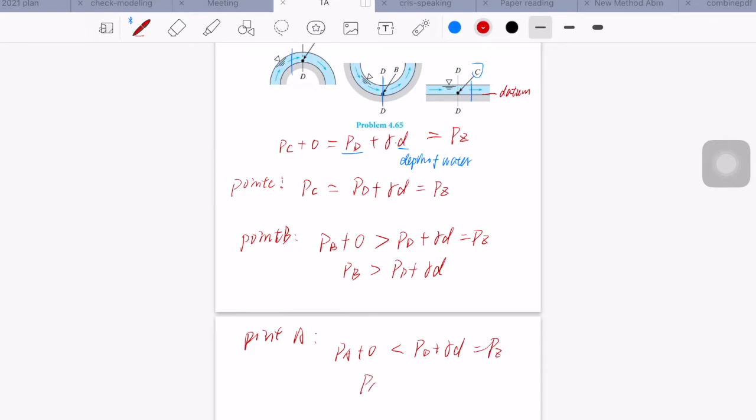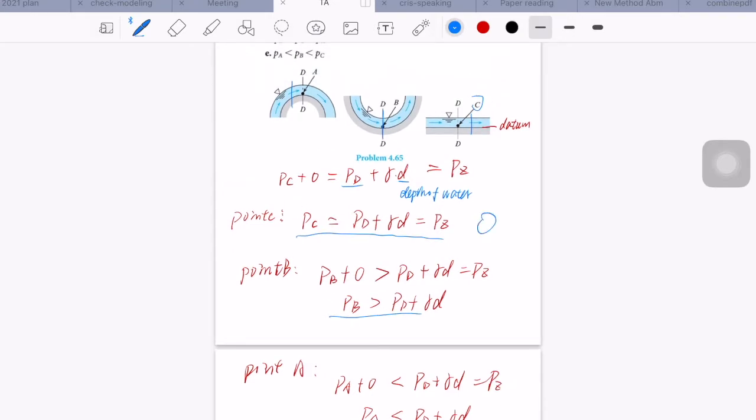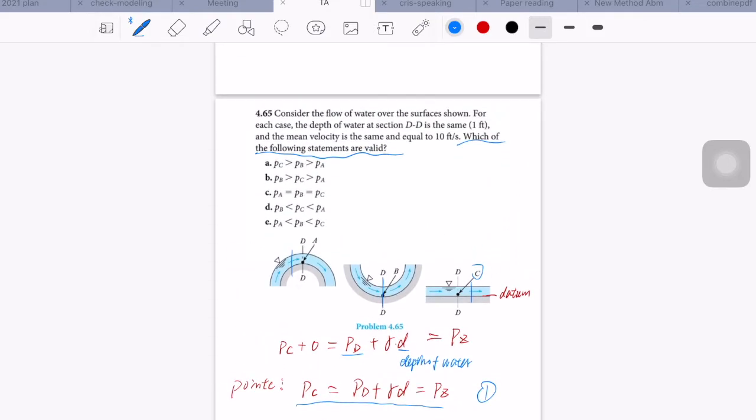So we can get that PA should be less than PD plus gamma D. So PC, PB, and PA. And then combine these three equations, we can get that PB should be greater than PC, should be greater than PA. So the answer is, the solution is B.